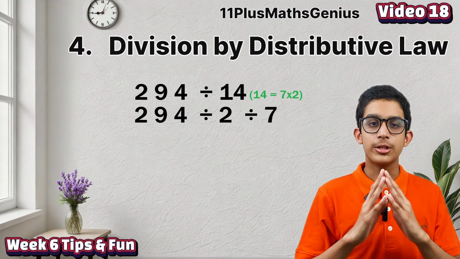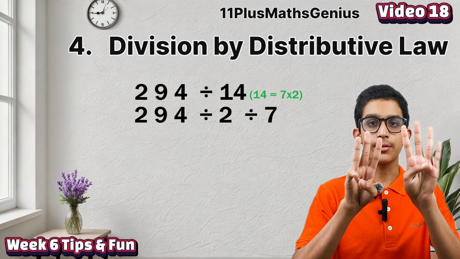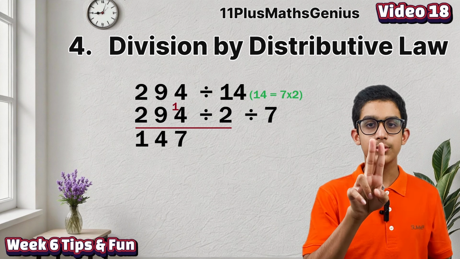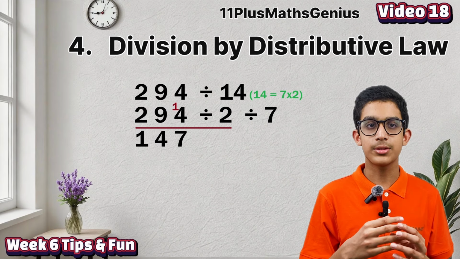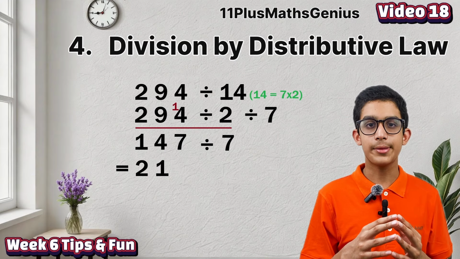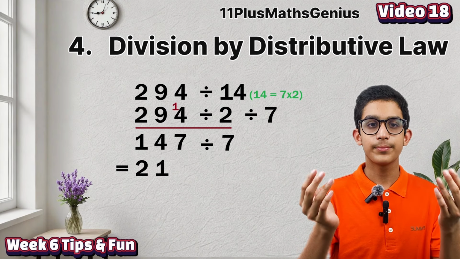That is, we split 14 and distribute it into 2 and 7. Now, 294 divided by 2 is 147. 147 divided by 7 is 21. Very simple, isn't it?